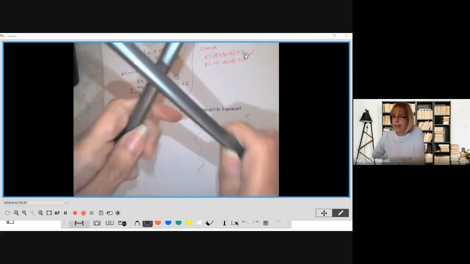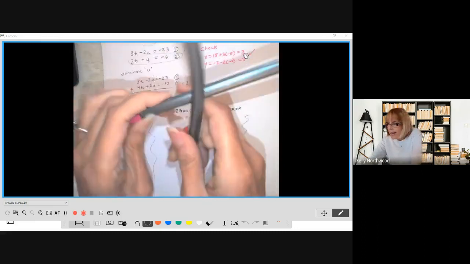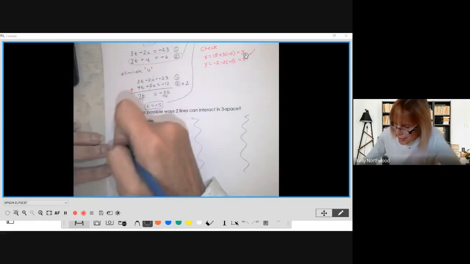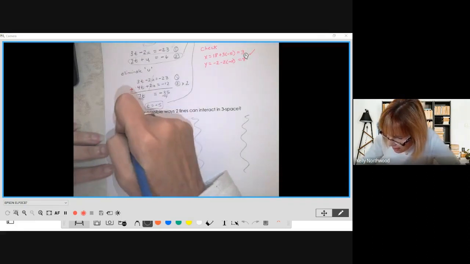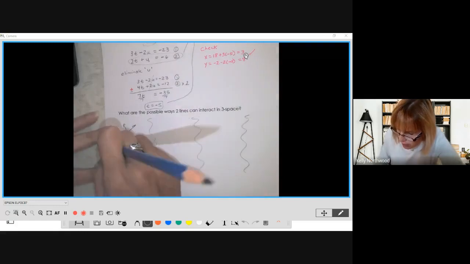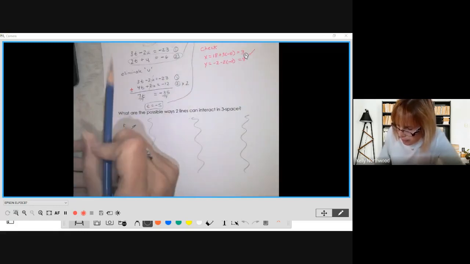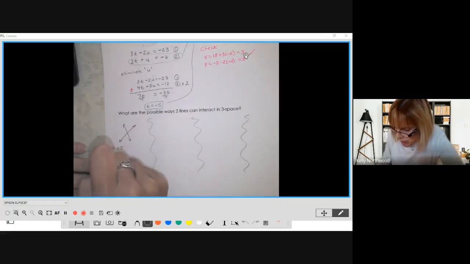Okay, here's my 2 pens. Could there be a point of intersection? Yes, there could be. Okay, so let's do a point of intersection. In that case, the direction vectors would not be scalar multiples of each other.